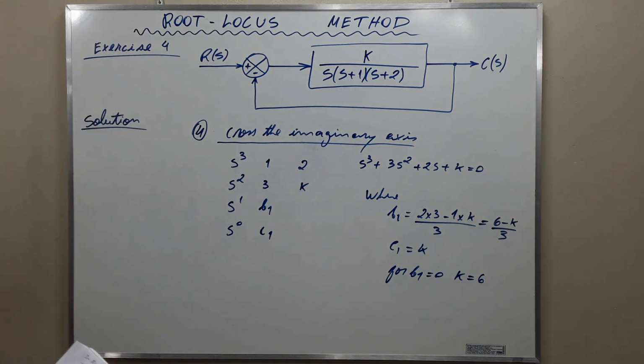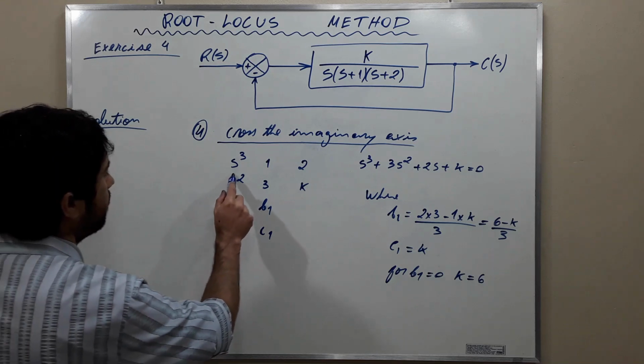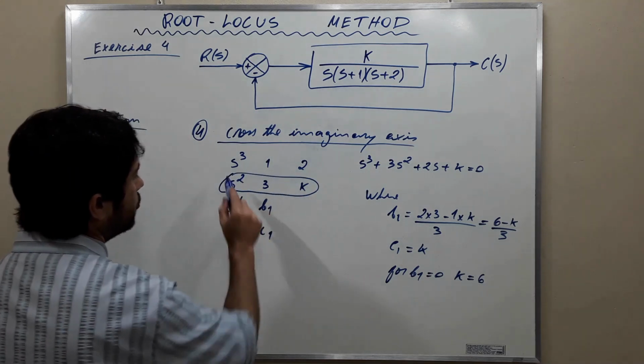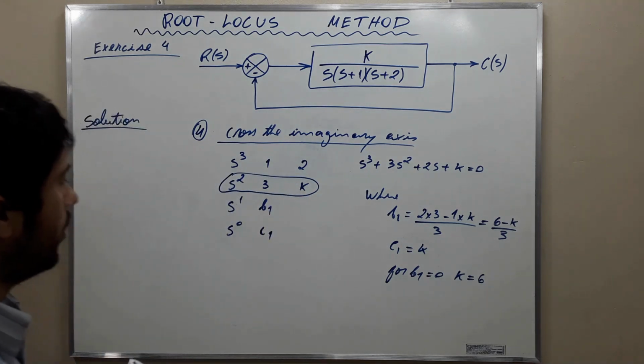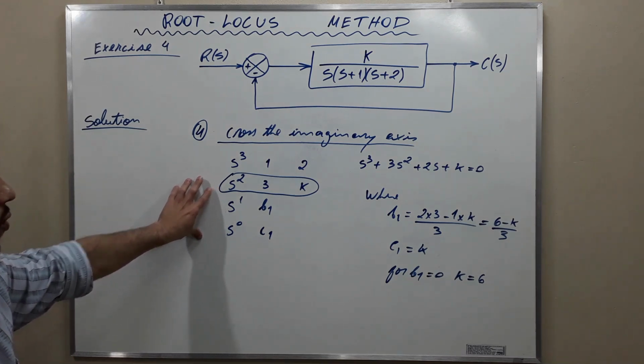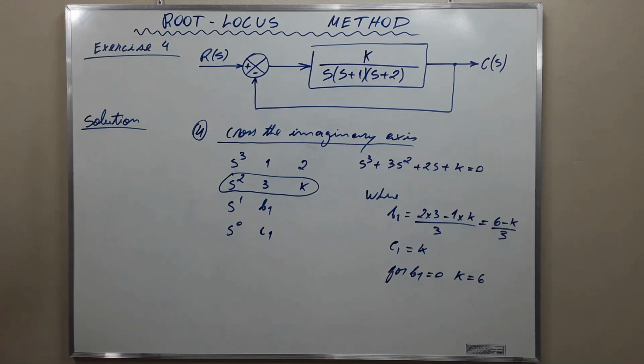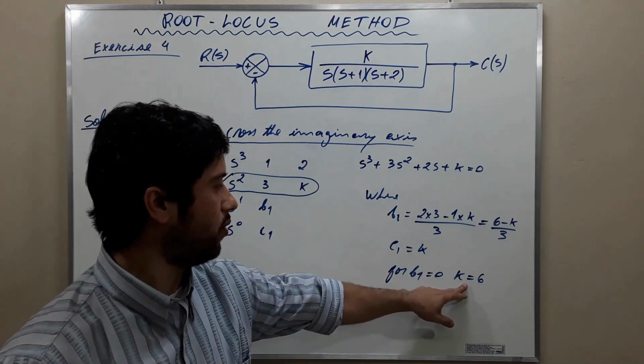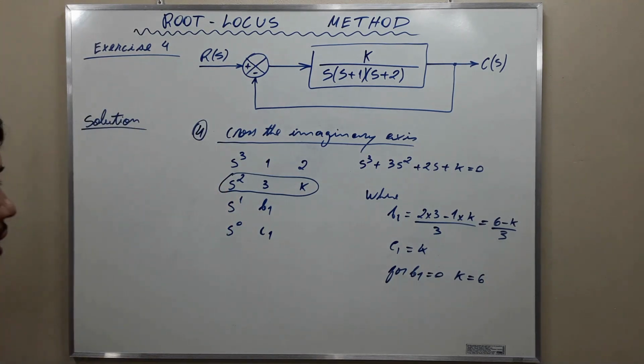And now, the crossing point can be determined by the auxiliary equation obtained from the s squared row. We are going to use this row here, creating an auxiliary equation from it with the value of K that we found, equal to 6.